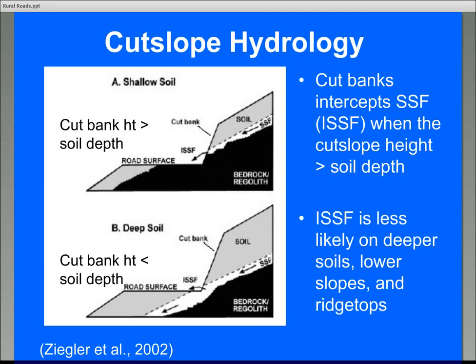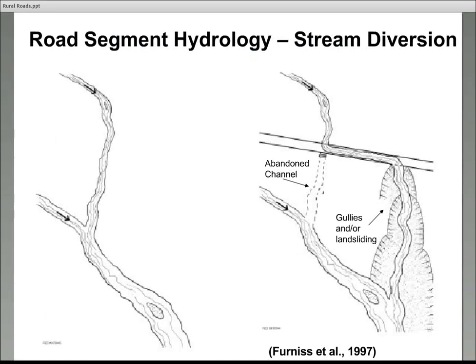And as far as portions of the landscape that are susceptible to it, it typically occurs on areas with thinner soils, on the lower slopes, and also on higher slopes, because that increases the height of your cut slope. And it also occurs typically on mid-slope to lower valley positions on the landscape.